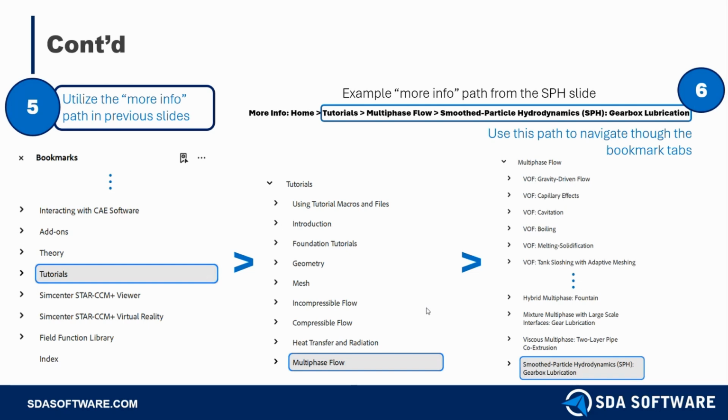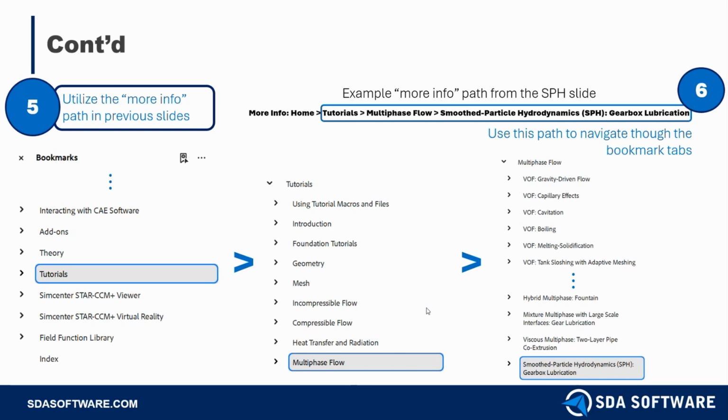The more different part is actually the utilization of the more info path. So for a PDF user, you need to navigate through the bookmark tab, like going through folders or directories in the File Explorer. You would basically ignore the first part of the more info path, which says home, because when you open the bookmark tab, that is basically going to the home page.